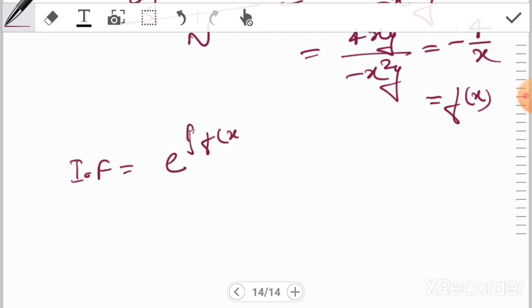Then the integrating factor is equal to e power integral f of x dx, which is equal to e power minus 4 log x, and if we take this minus 4 on the power of x, this will be equal to x power minus 4.